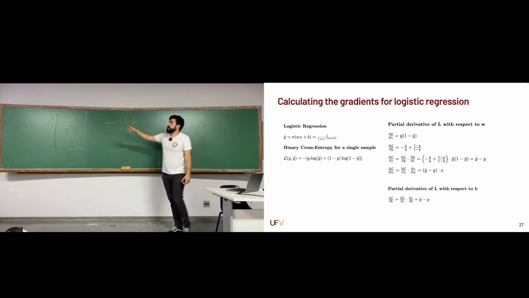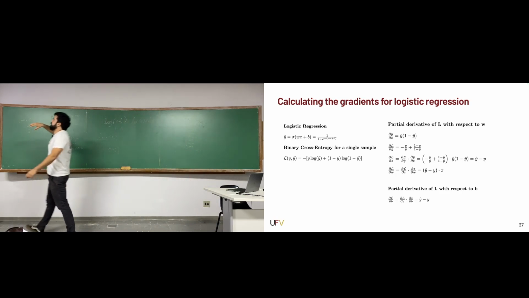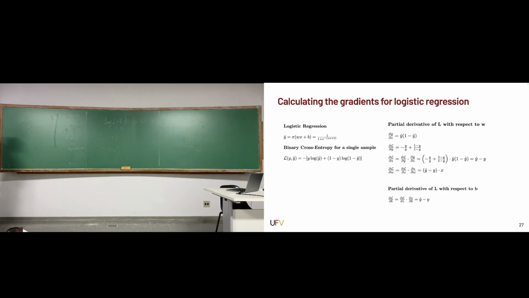I'm not going to go over this, but these are the partial derivatives of the BCE loss function for logistic regression. What is really cool here is that we get exactly the same partial derivatives as in linear regression, both for W and for B.